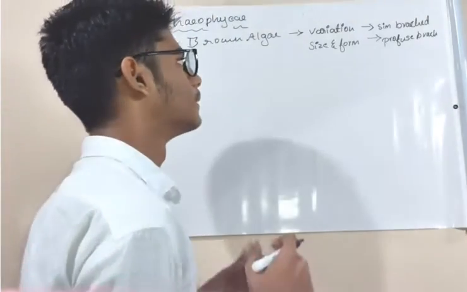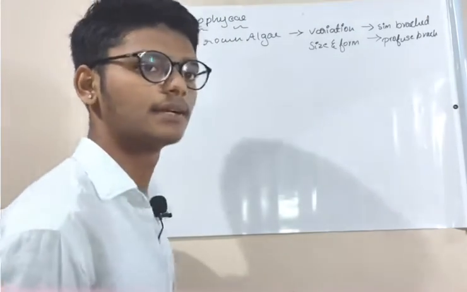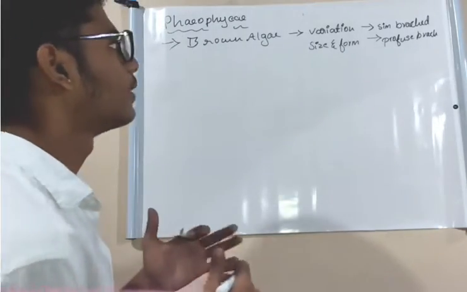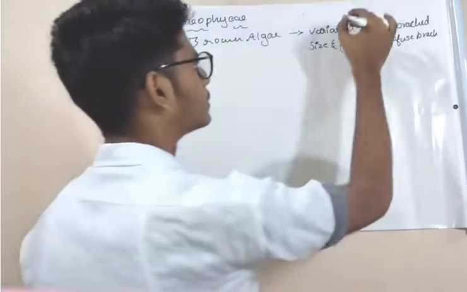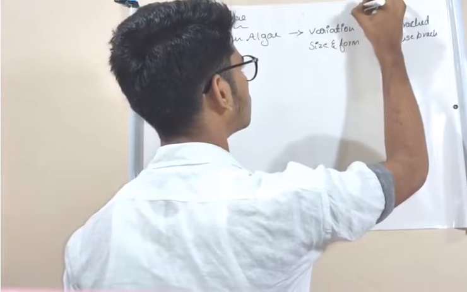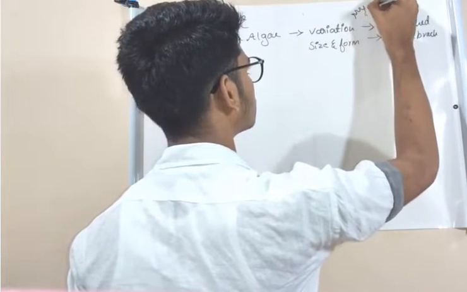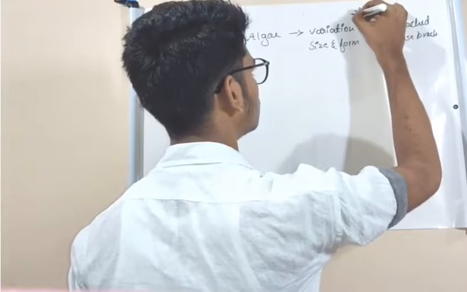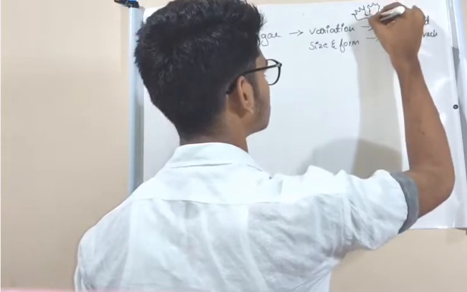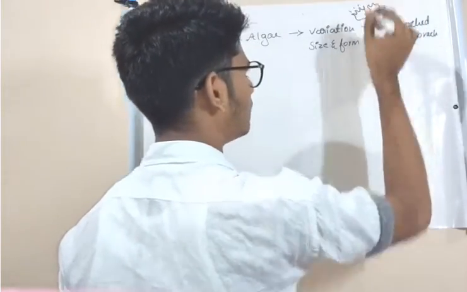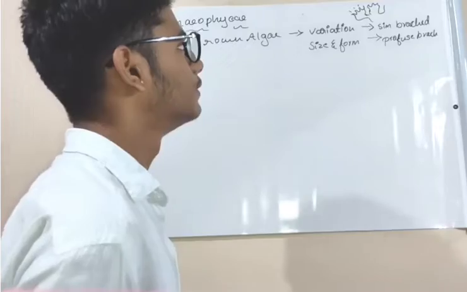So what is this profuse branching? It means it will have so many divisions, like this. It is one branch, and it has these types of divisions.